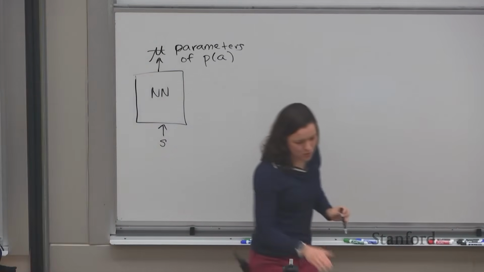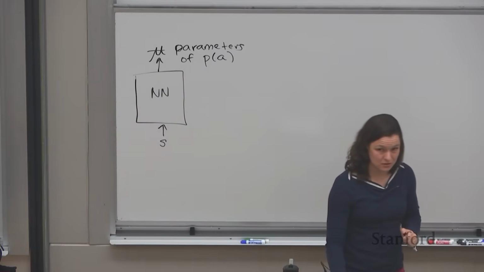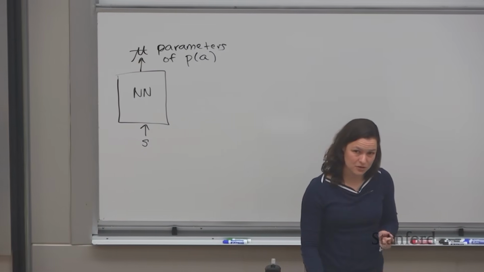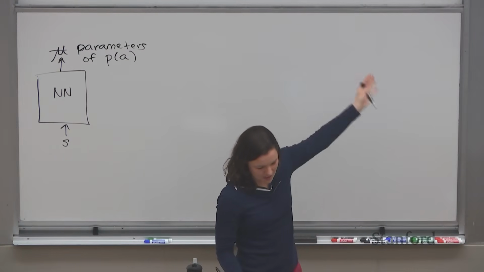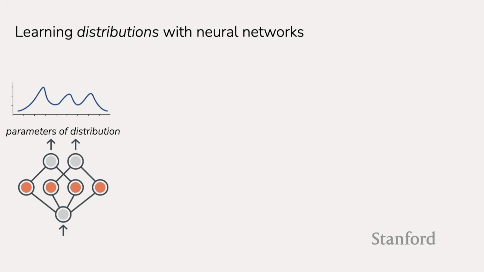Cool. So this is often the way that we try to learn distributions with neural networks: we actually output the parameters of those distributions. So you can think about it as this. You have a neural network that outputs parameters. If the distribution class that you choose is very expressive, then you should be able to get an expressive distribution as output.